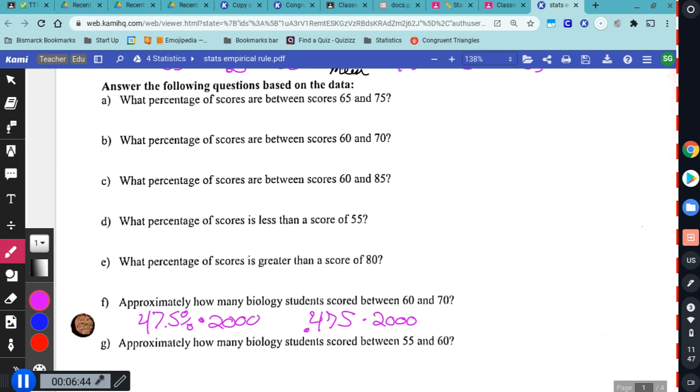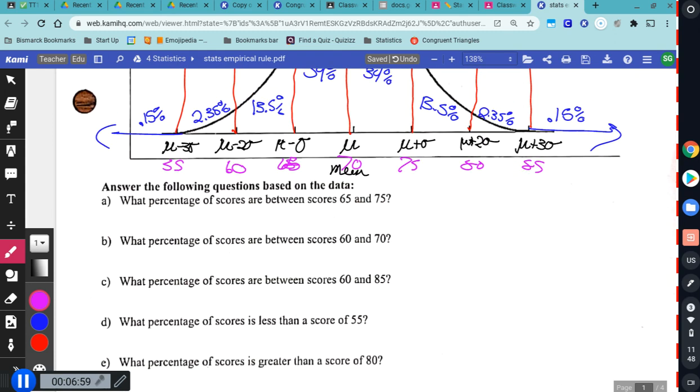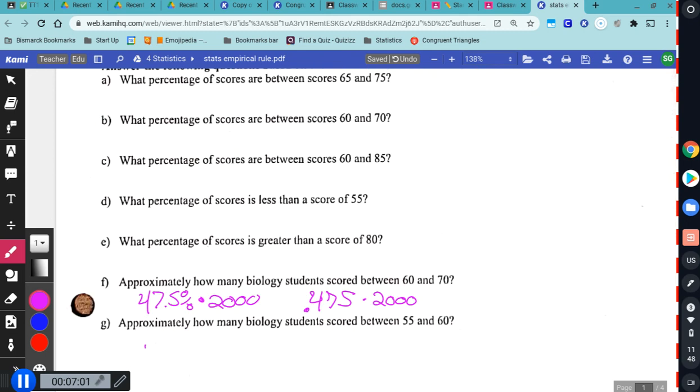So you multiply those together and you get, I don't remember, 950, slightly less than 1,000. And we're going to do the same thing for the next one. The number of students between 55 and 60 was 2.35% of 2,000. And for that one, you'll get 47.